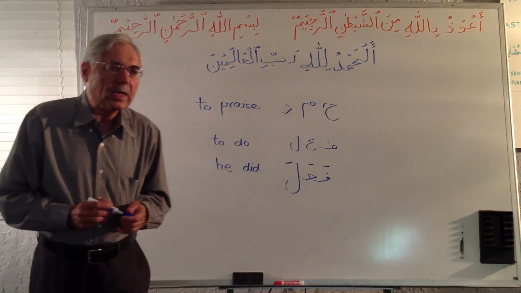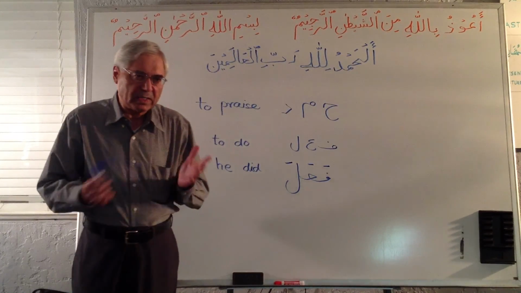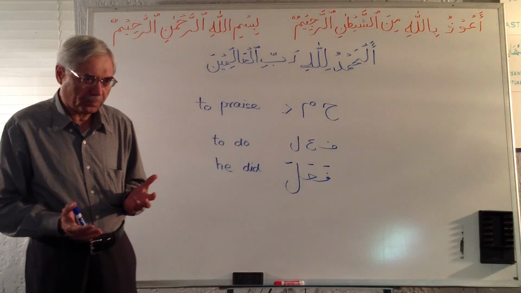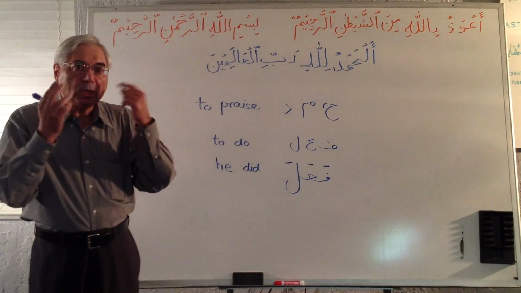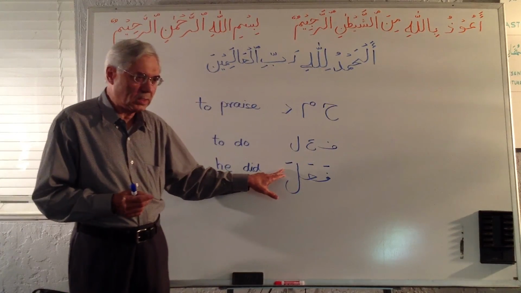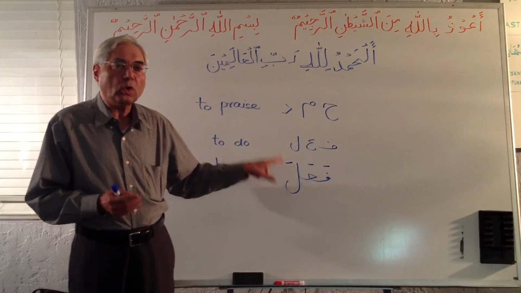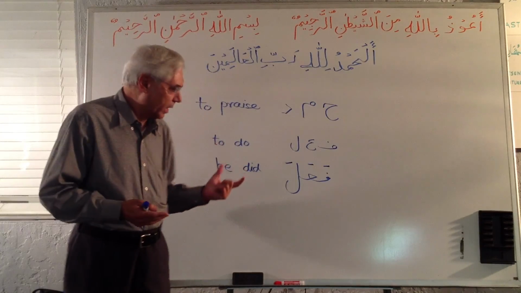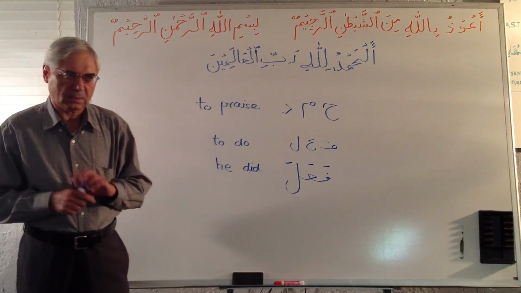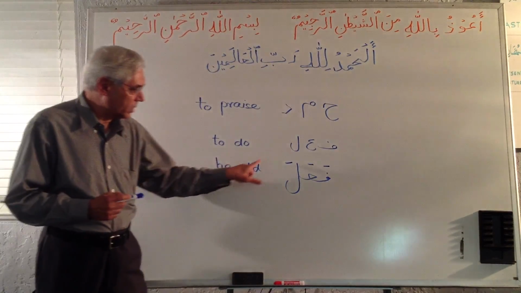Okay. Now try to pronounce this, very easy to pronounce. Fa-a-la. Okay. So whenever you put the 3 Fathas or 3 Zabars on the 3 letters, it gives you the meaning of third person past tense. Okay? So this is the example.